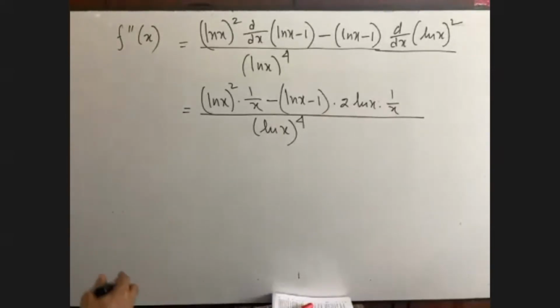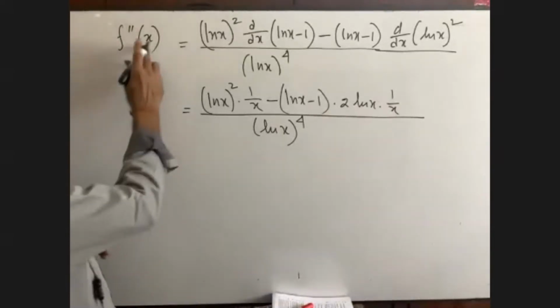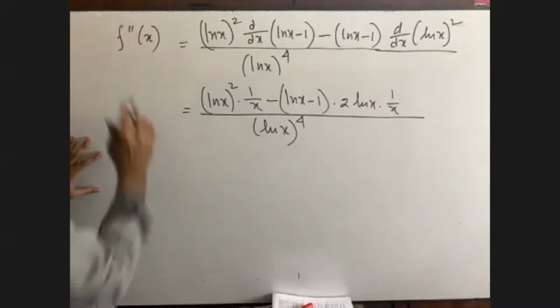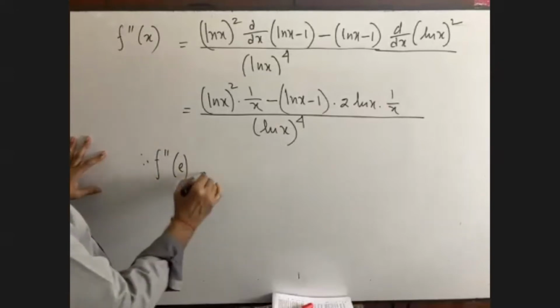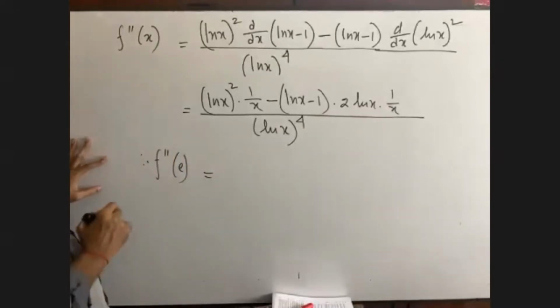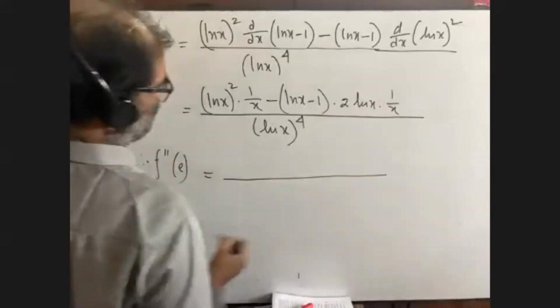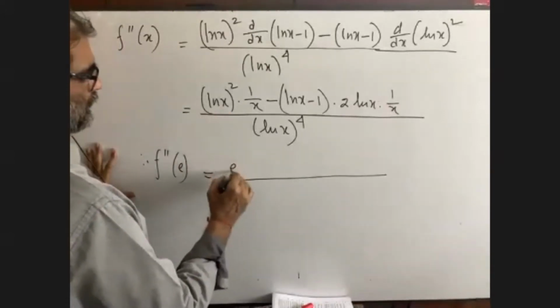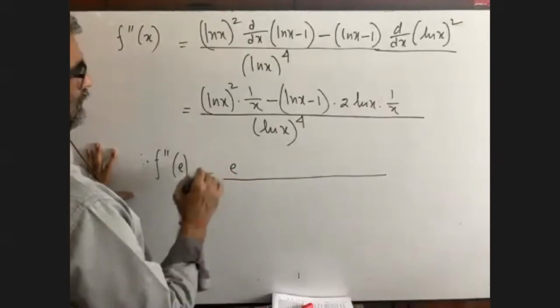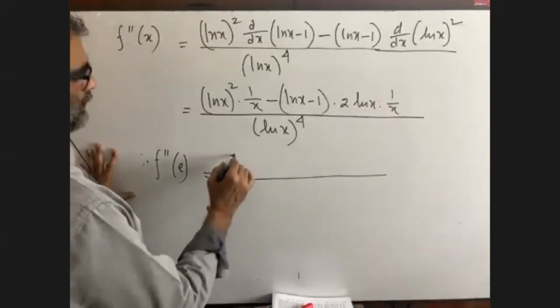But we got the value of x as e. Therefore, f double prime e, I mean x equals to e. So we are getting here e square.